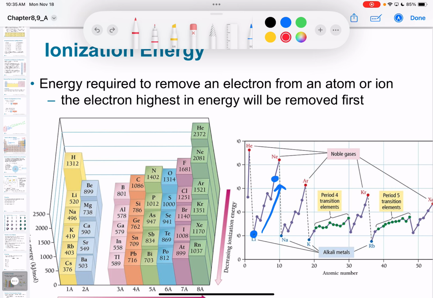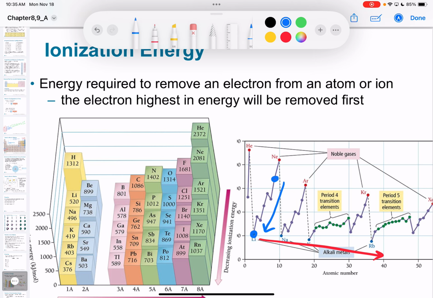Blue is a row, going across a row, and red is going down a column. So you're seeing a decrease going this way and an increase going that way. We could even turn our things around so that we see the decrease away from fluorine and then the decrease away from lithium.